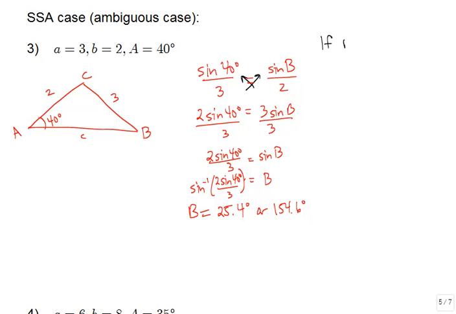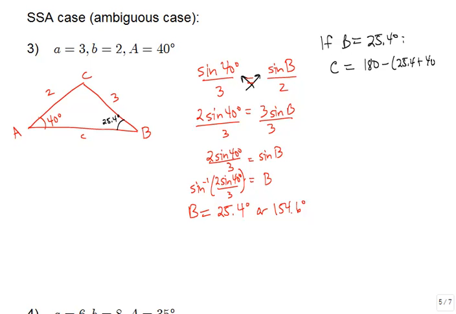If B is equal to 25.4 degrees, let's figure out what angle C would then have to equal. So if we know that this angle right here is 25.4, we now know two angles, we should be able to find the third. So angle C would have to be 180 minus 25.4 plus 40.